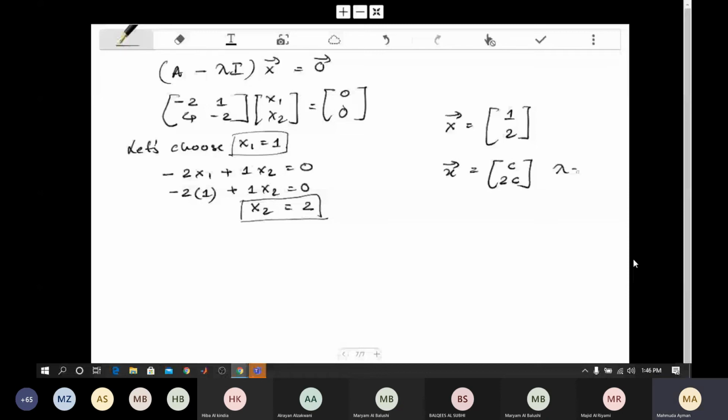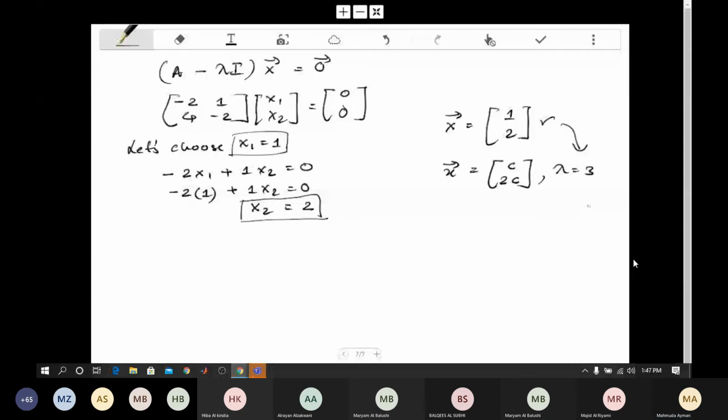So this here is the eigenvector for lambda is equal to 3. It's a form, so you can multiply any scalar quantity to this vector here, and still it will be an eigenvector for lambda is equal to 3. That's what I mean.